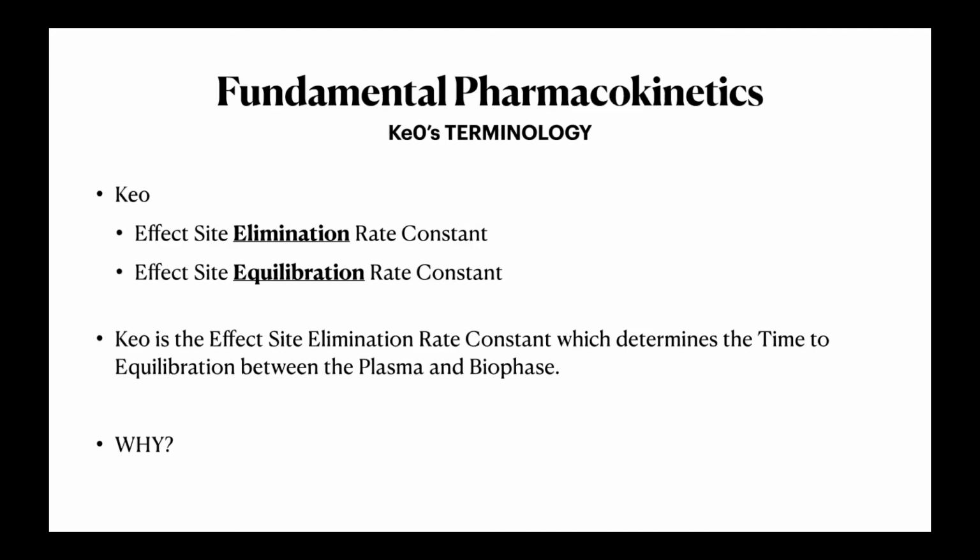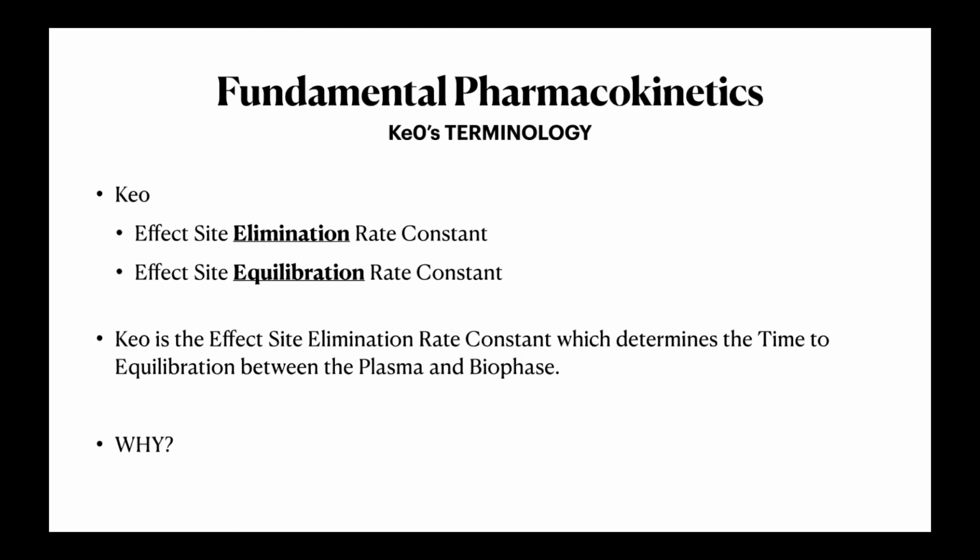So just following on with KEO's terminology, the way that it's been defined as the effect site elimination rate constant, but it's also been defined as the effect site equilibration rate constant.